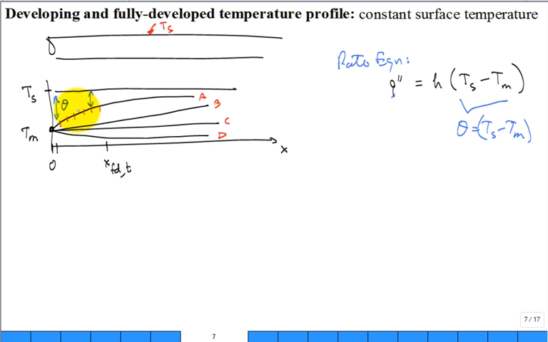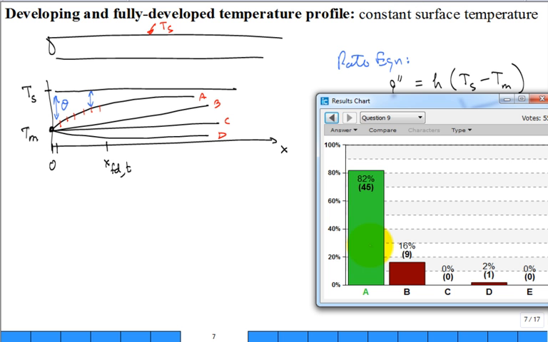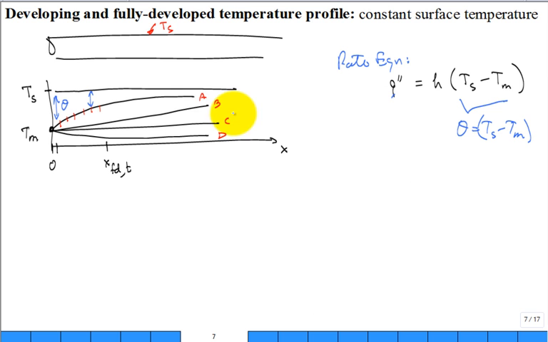So the amount of heat brought in per inch or centimeter of length is reduced, and the mean temperature doesn't go up as dramatically as it did initially when there was a big theta, a big delta T. So isn't A the best answer? Yeah, A is the best answer. All right, so that's what the temperature profile is doing.